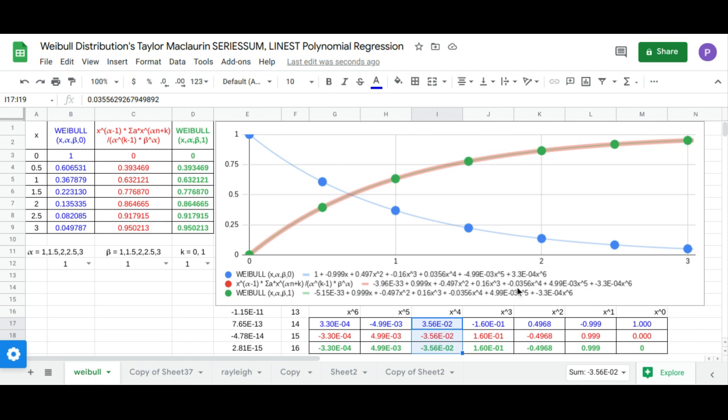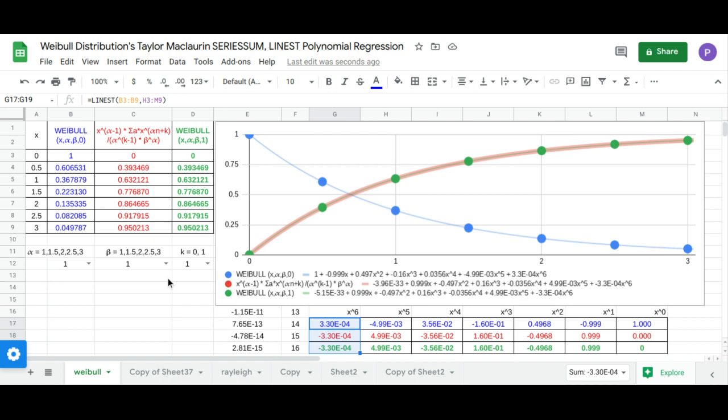This is positive, negative 0.0356. Coefficient of x to the fifth, minus 4.99 times 10 to the minus 3. Coefficient of x to the 6, 3.3 times 10 to the minus 4. This is negative, negative 3.3 times 10 to the minus 4.